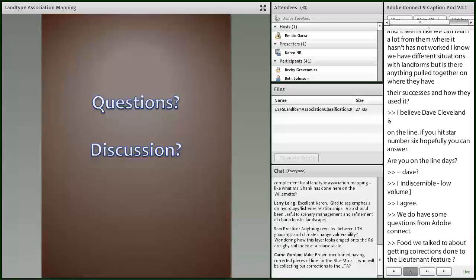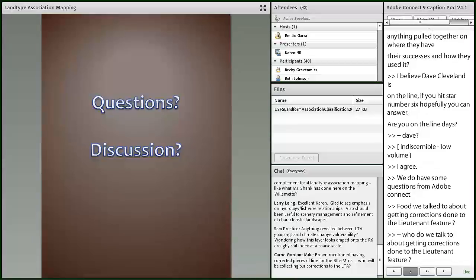I think that's a really important question, because even in writing these and looking around the region, I would have mapped that differently, right? So the more we use it, the finer we can identify these areas. And if the LTA is not correct, then that can be changed.